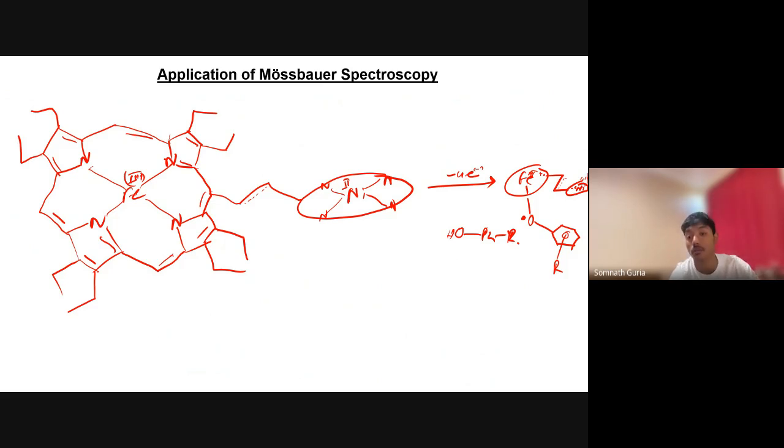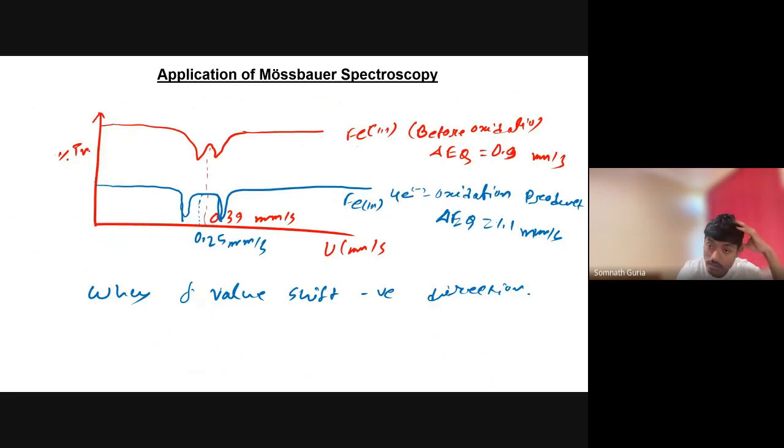So we'll have more s electron density at the nucleus. That means my psi 0 square of the sample value will be high. As a result, the delta value comes in the more negative direction. That reflects over here: the delta value for this oxidized species is around 0.25 millimeter per second, which was initially 0.39 millimeter per second. Okay, good. Satisfied? Your answer?